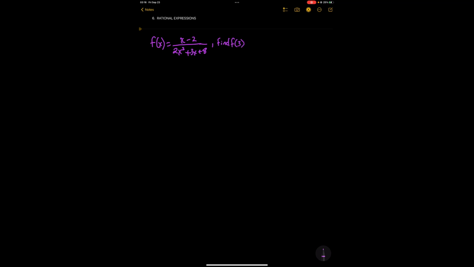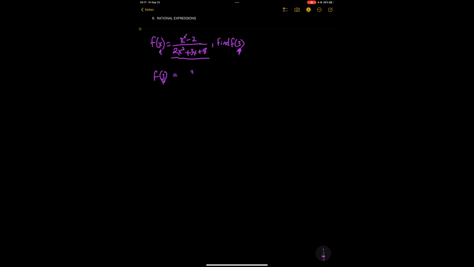What that means is all you're gonna do is whatever you have in this rational function, wherever you see x, you're gonna replace it with the number 3, right? So I'm gonna say f of 3, because there was x here, now I put 3 in it. So everywhere I see x is gonna be 3.